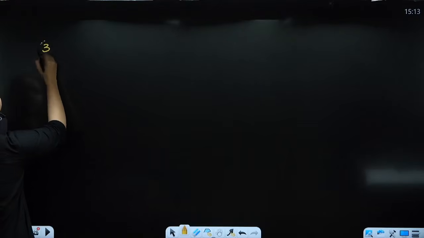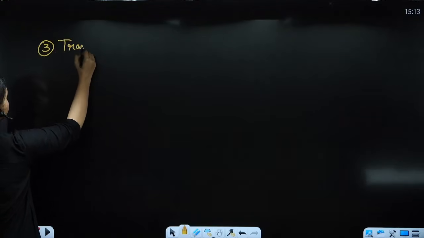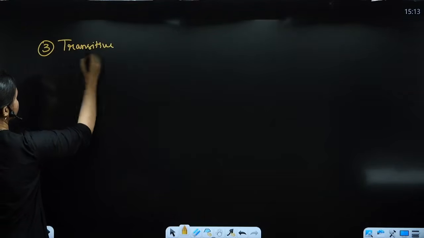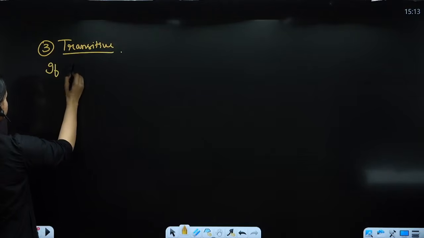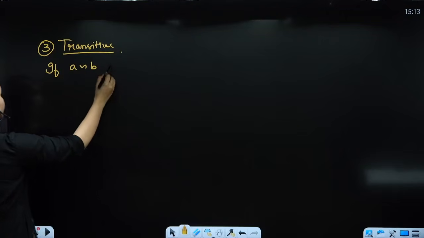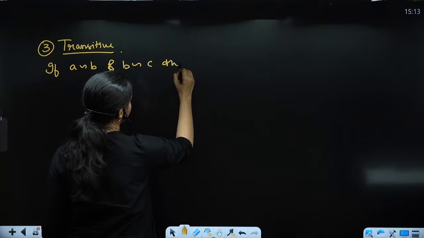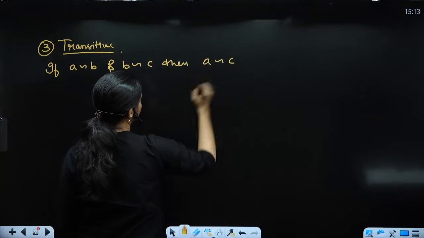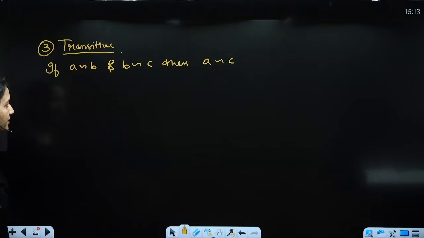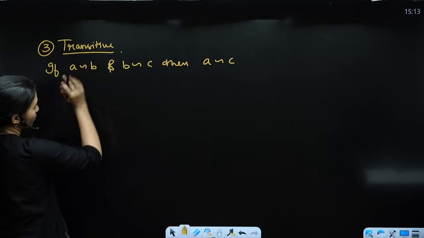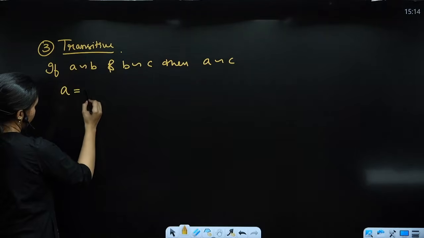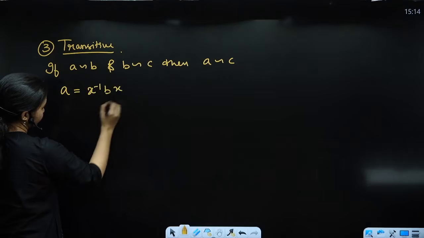चलो, next up, we want to prove that it is a transitive relation, which means if a is congruent to b and b is congruent to c, then a must be congruent to c, right? So if a and b are congruent to each other, that means a equals to x inverse b x, right?